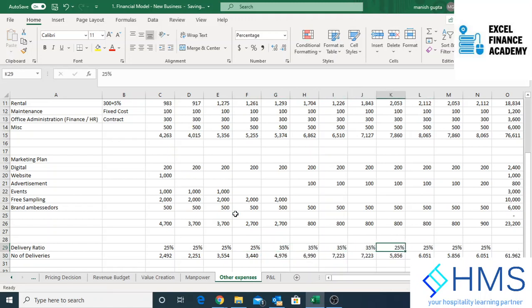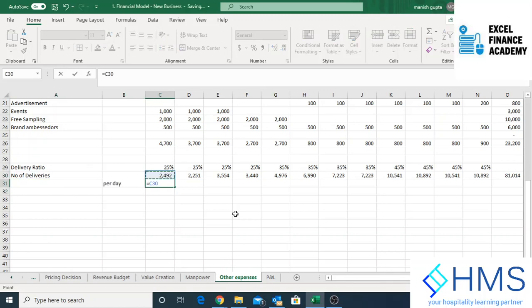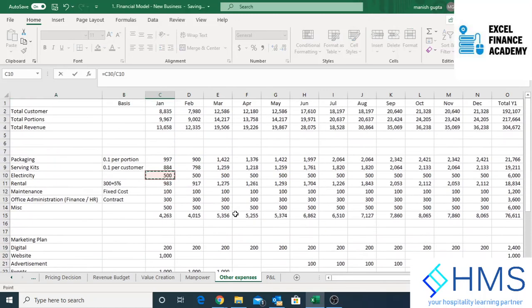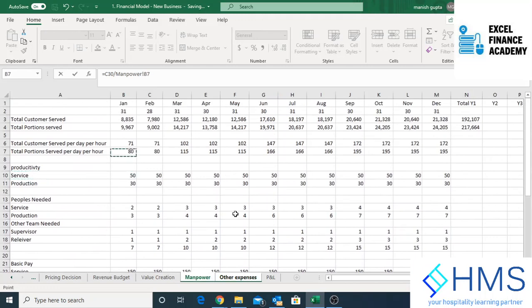right? And then we say okay, up to 45% of our business will be from delivery. So that's how we say okay, total how many deliveries we are going to do in a month, right? So how many deliveries we're going to do per day, divide by number of days. Number of days we don't have, but we have it somewhere here.